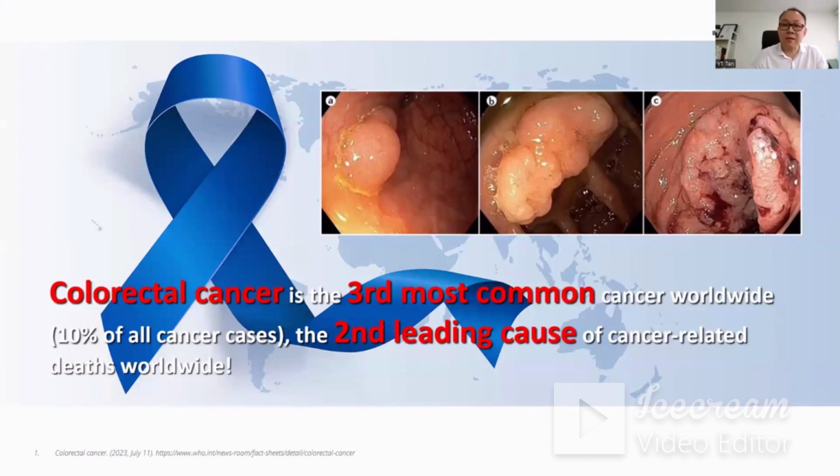It is also the second leading cause of cancer-related death worldwide, due to the lack of diagnosis and treatment methods.